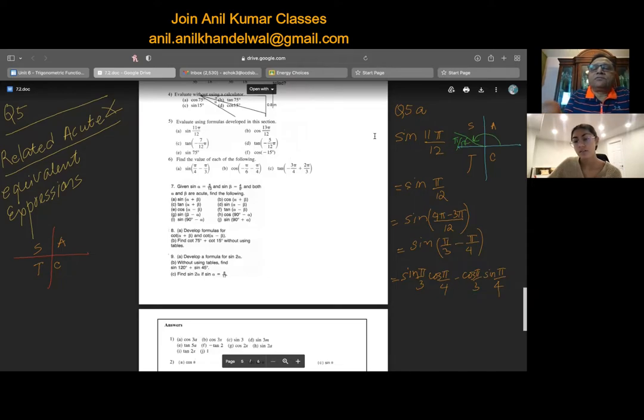Do not think over it. This is your special triangle, pi by 3, with sides 1, 2, and square root 3. And this is your special triangle, pi by 4, with sides 1, 1, and square root 2. So you could use square root 2 over 2.